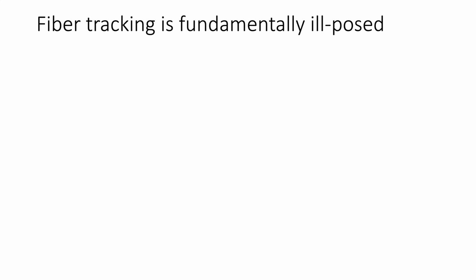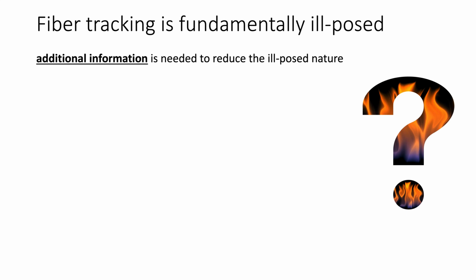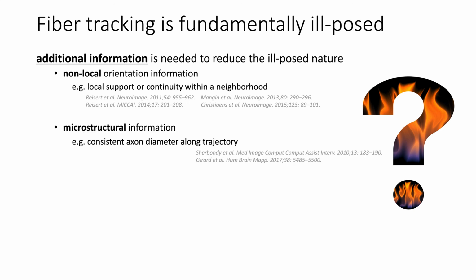So what do we need to do to reduce this ill-posed nature of fiber tracking? That is of course the million-dollar question, and it is still a topic that is actively being researched. In general, what we need to do is inject new information into our algorithms that goes beyond just the local fiber orientations. This can be non-local orientation information, for example by enforcing spatial continuity, as is already the case in global tracking approaches.